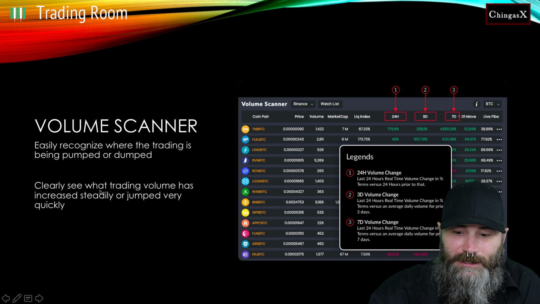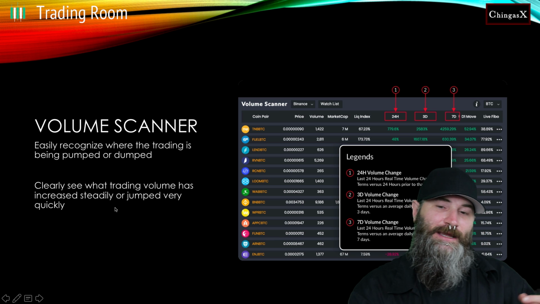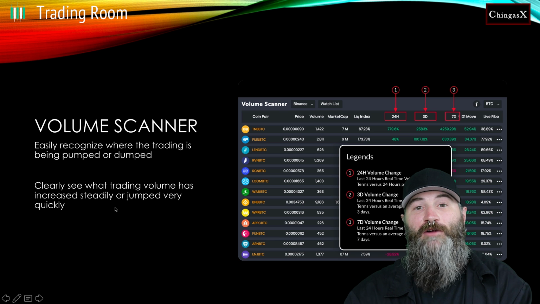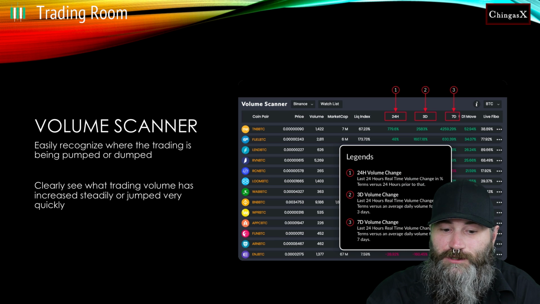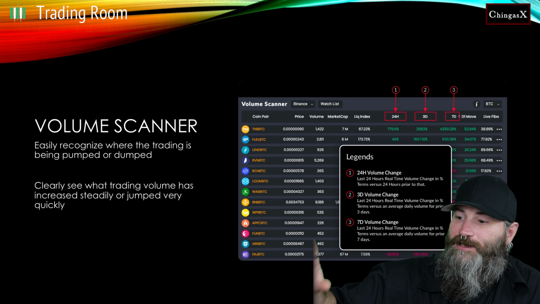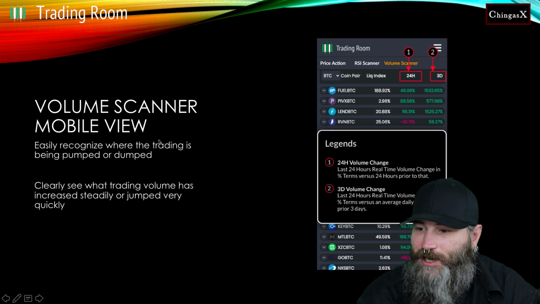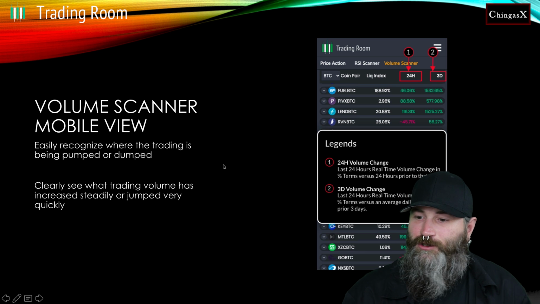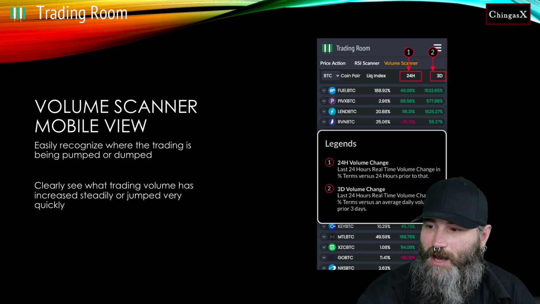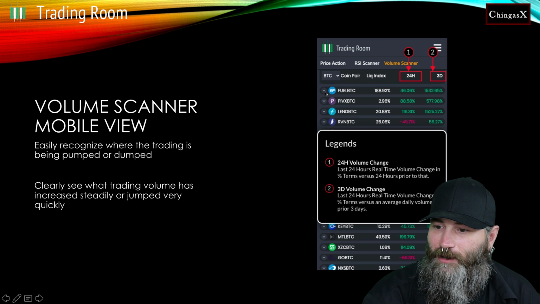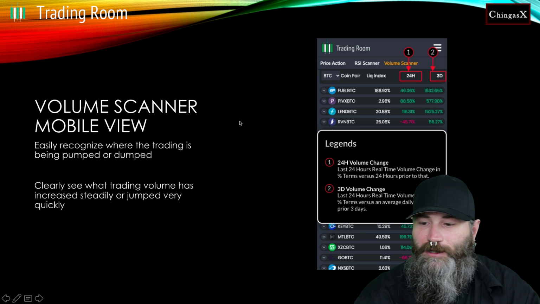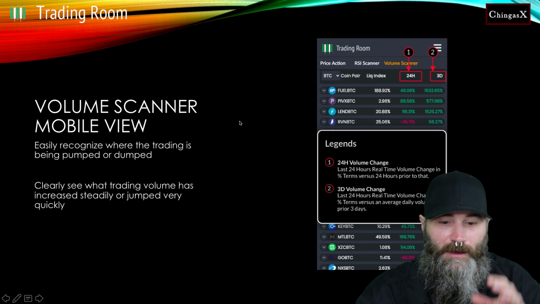So you can clearly see whether trading volume has increased steadily or jumped very quickly over the course of 7, 3, and 24 periods. And again, we'll take a look at the mobile view right here. This will just give you an indication of how it looks on mobile. And then again, you'll be able to hit the little arrow down here to swing it back into the other view.